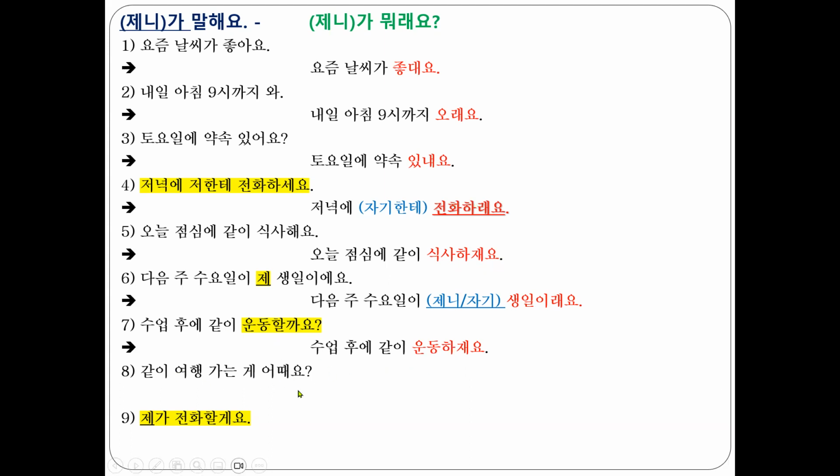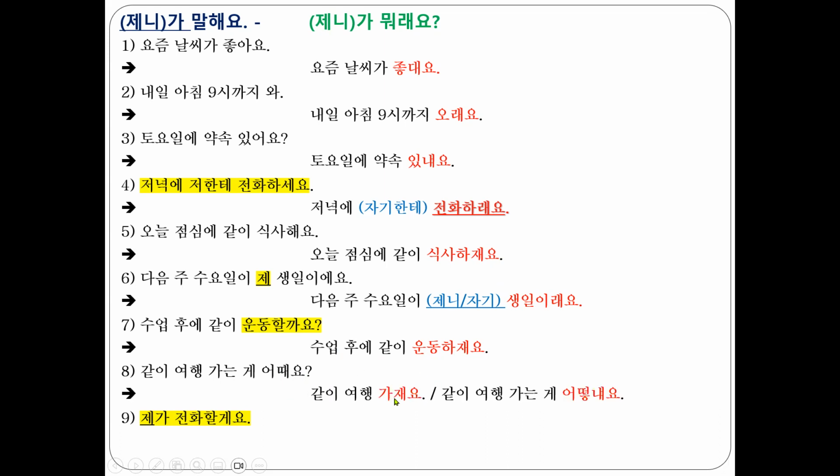같이 여행 가는 게 어때요? This one also, by appearance, looks like a question, but it's not a question. How about, why don't we? It's a suggestion, because of 같이, a "let's" suggestion. So 여행 가다, 여행 가재요. 같이 여행 가재요.